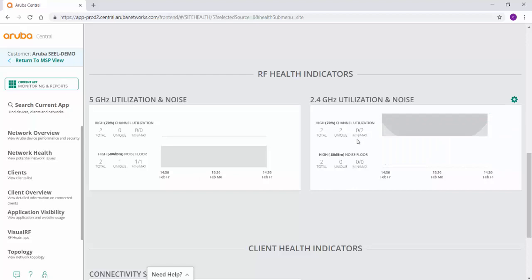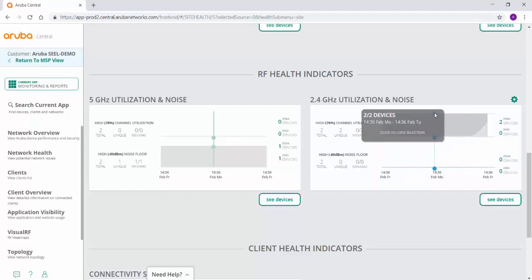Now, if we jump to the 2.4 gigahertz spectrum, what we can see here is that there is some high channel utilization, and that's been reported by 2 access points. Now, the other thing that is very valuable is that I'm able to lock in a period of time.